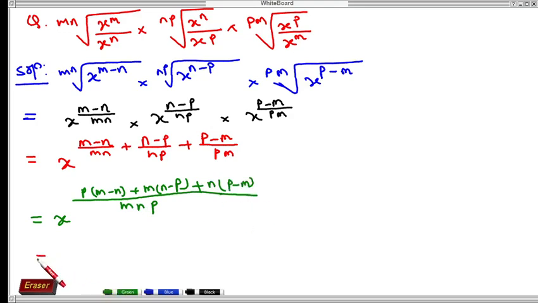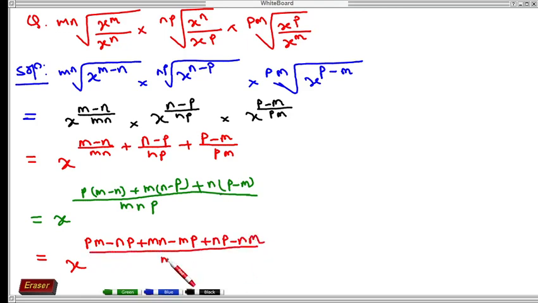Then x to the power, you can multiply: pm minus np plus mn minus mp plus np minus nm, whole over mnp. Dear students, we have just multiplied this.